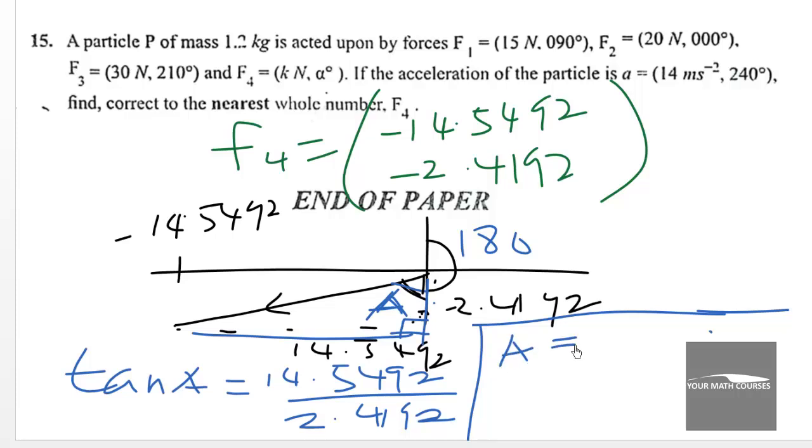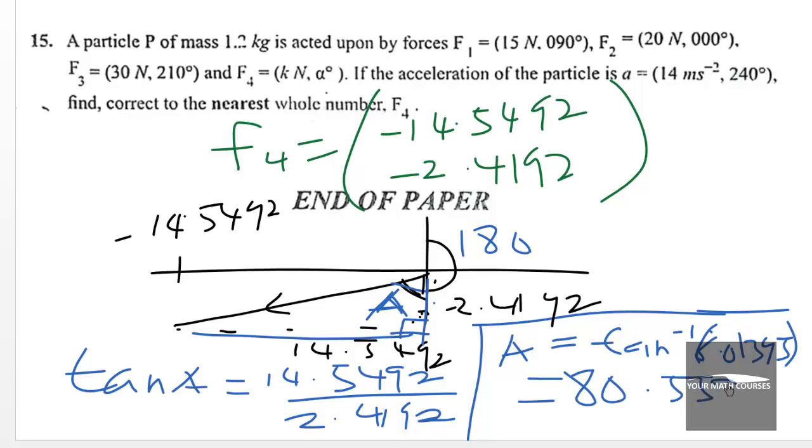So A will be equal to tan inverse of 6.01395, and that will give us 80.5592 degrees or 81 degrees.